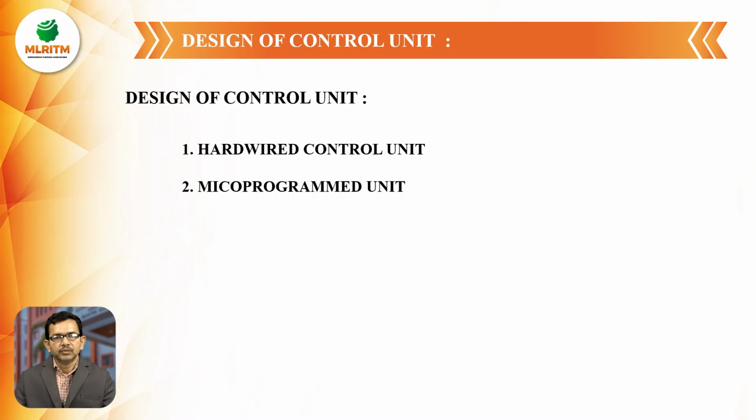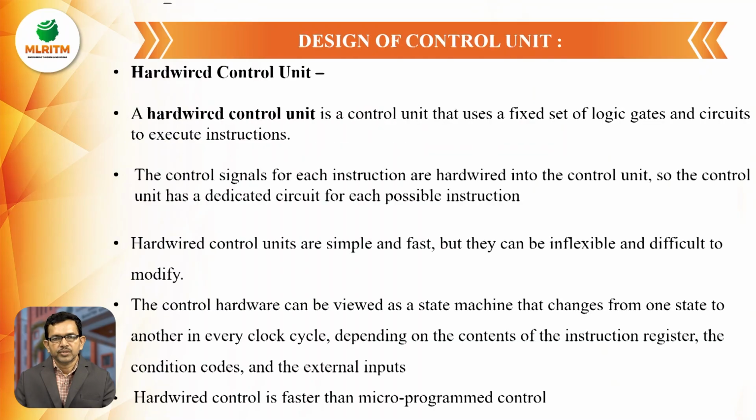If we go and execute the instruction in hardwired control unit, what is the procedure we are going to follow and what are the instructions to be followed, that we see in hardwired control unit. Next, if we go to microprogrammed control, we see how the instructions are executed in microprogrammed control.